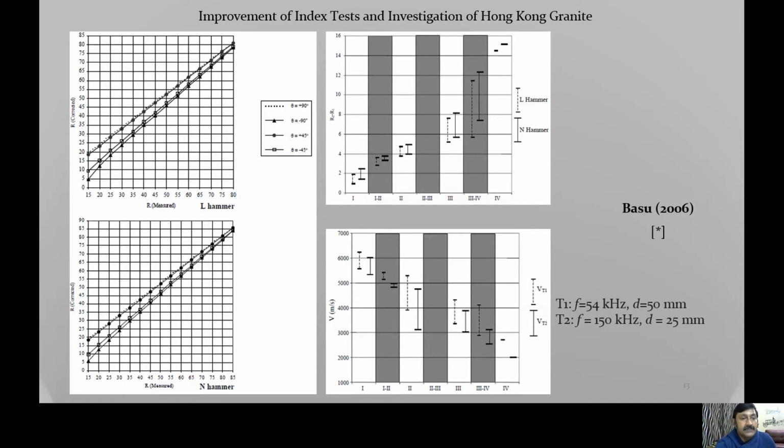So this was an improvement that was done, and subsequently, when the rebound hammer investigation was carried out on Hong Kong granite, it was found that rather than a single impact, if we go for multiple impacts, then the difference between the second and the first impact value gives a very good indication of the corresponding weathering rate.